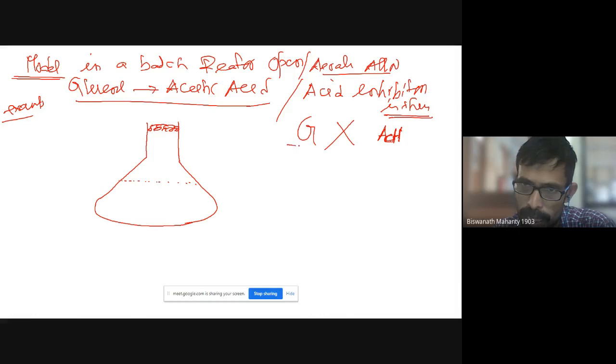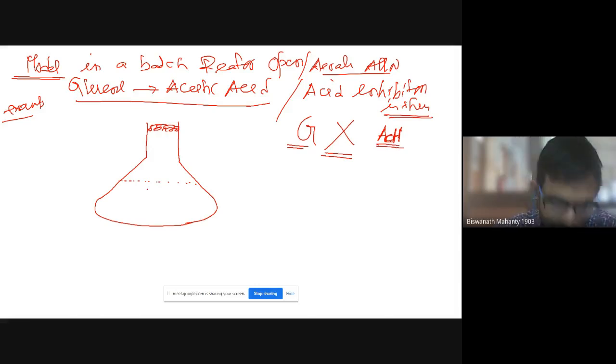So glucose is food, microorganism is there, they are producing acetic acid. So at least you write these three: glucose, biomass, and acetic acid. That's all. Anything more you want to add into the picture?